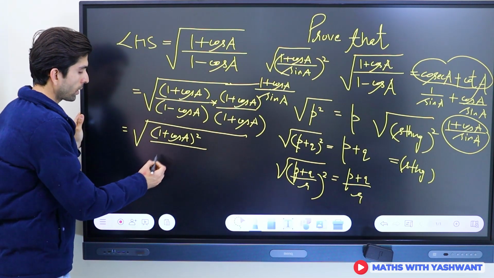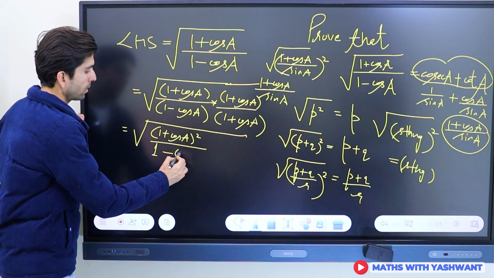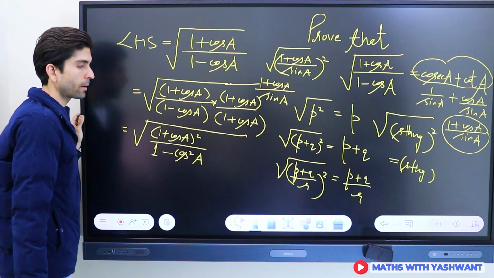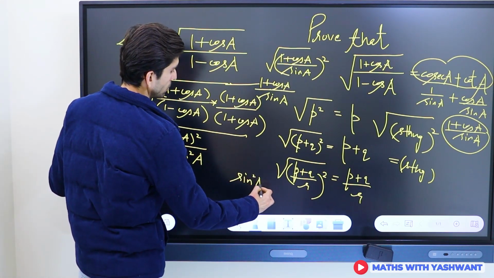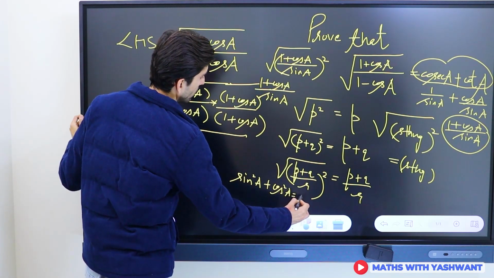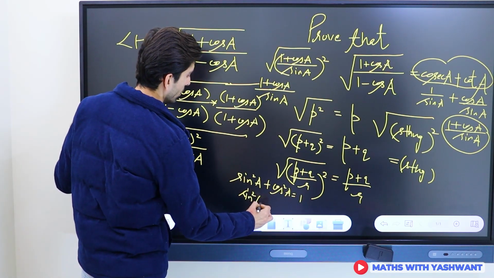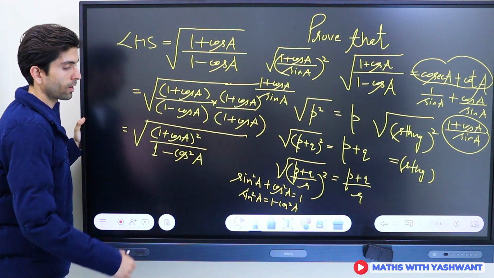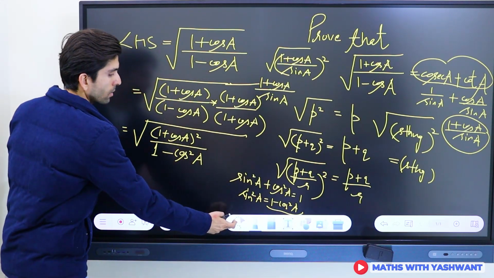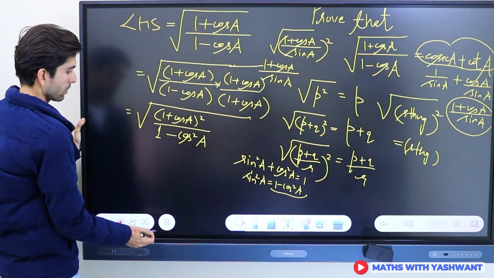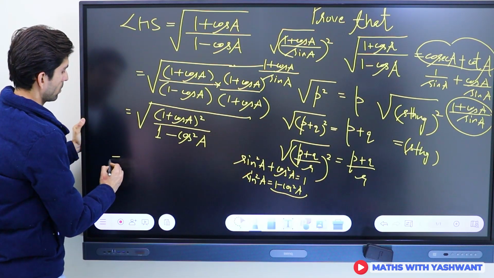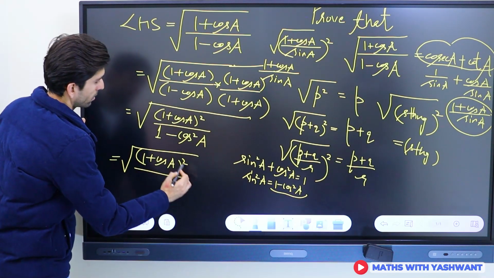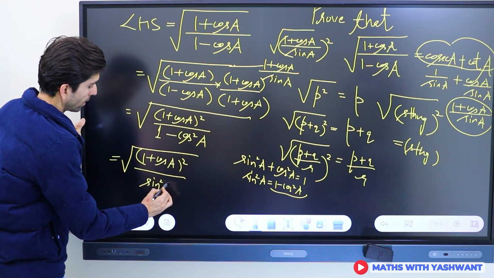A square means 1 square, which is 1, and B square is cos square A. Now here we can use the identity sin square A plus cos square A is equal to 1. So sin square A is equal to 1 minus cos square A. So in place of 1 minus cos square A, I can write sin square A. So we have 1 plus cos A whole square upon sin square A.